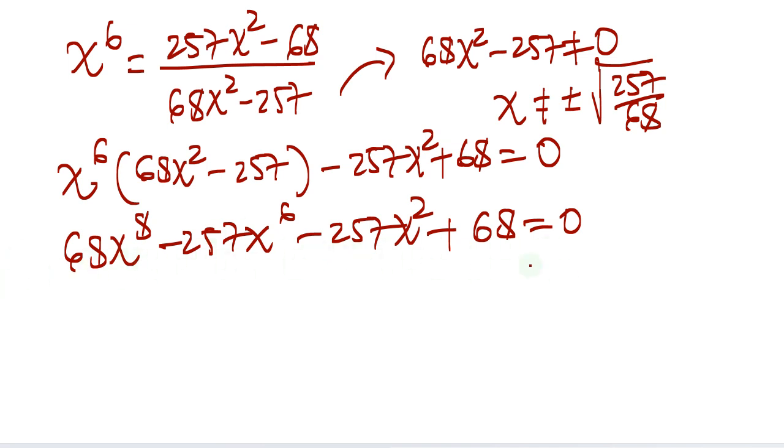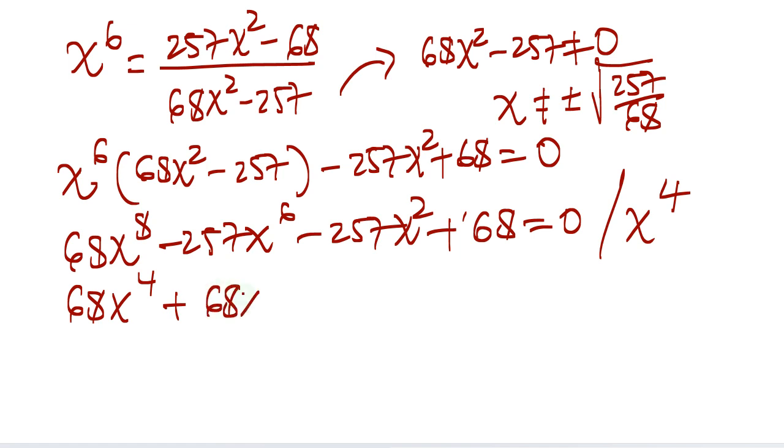If we put 0 here, 0 is not in the solution for this equation. So I'm going to divide both sides of the equation by x to the 4. So this is going to be 68 x to the 4 here, and then this one would be 68 over x to the 4, right?